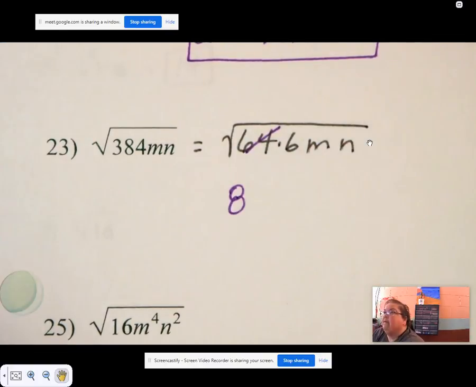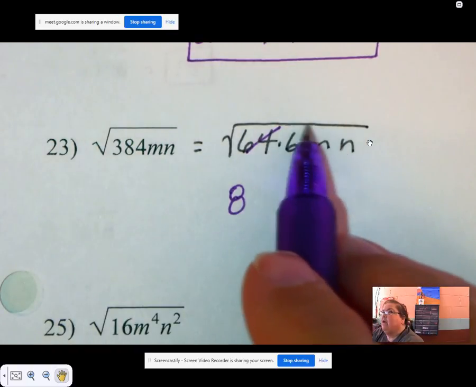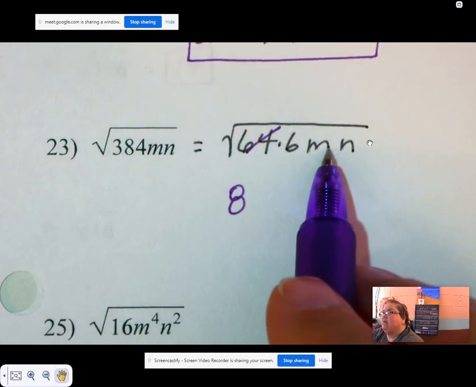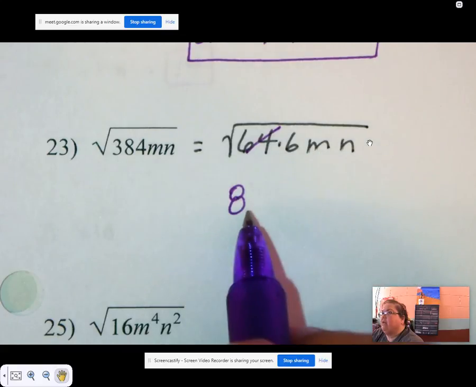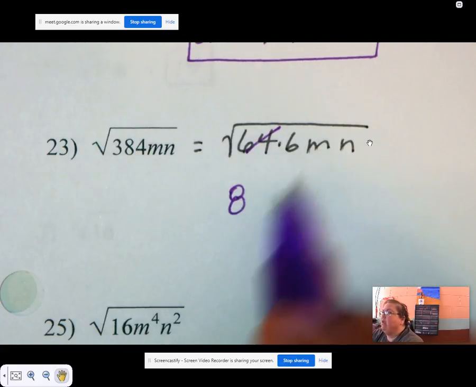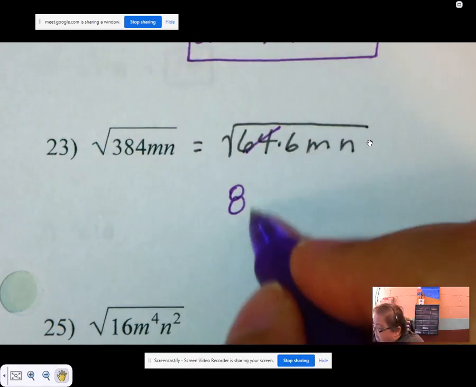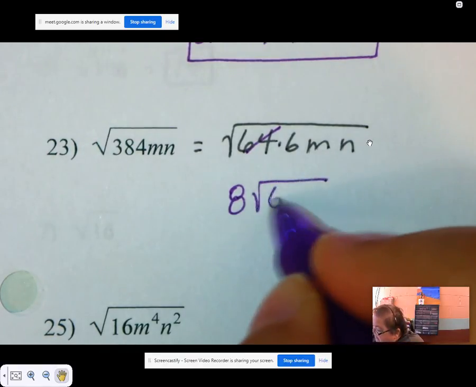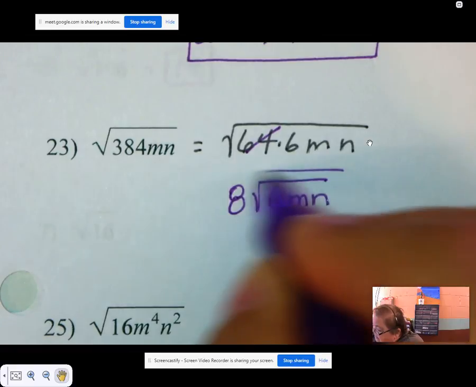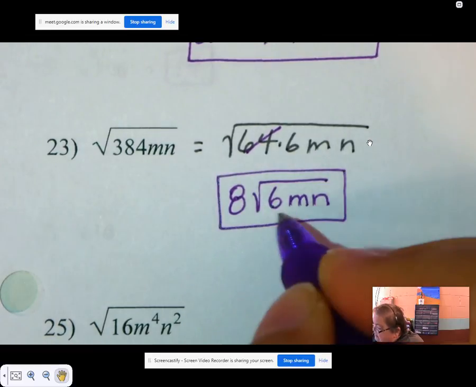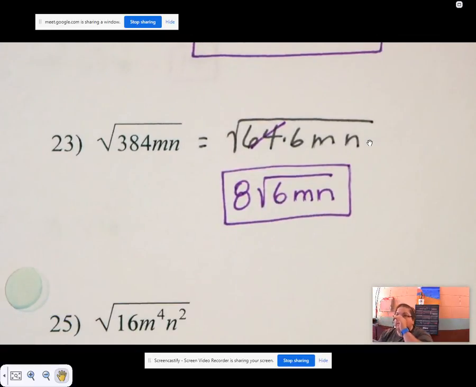No problem. Is there enough M's to place outside? No. Is there enough N's to place outside? No. So what stays inside? There you go. 6M and N.